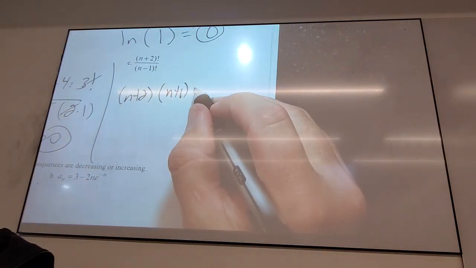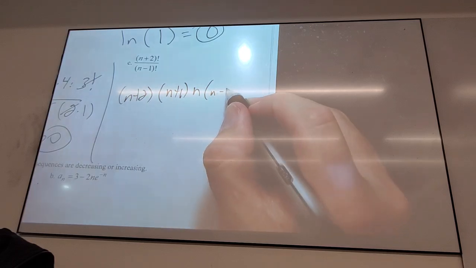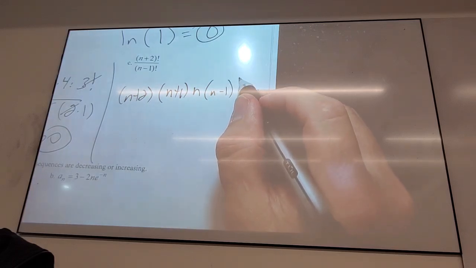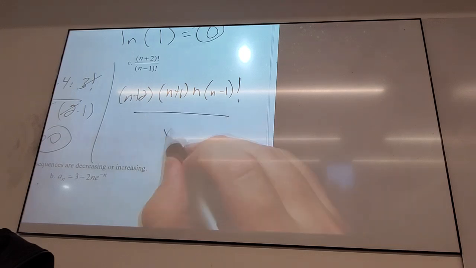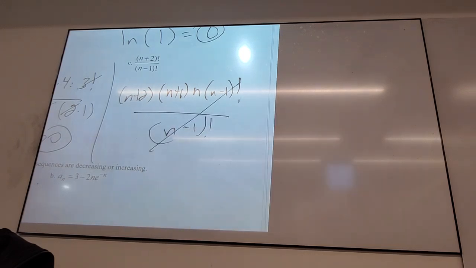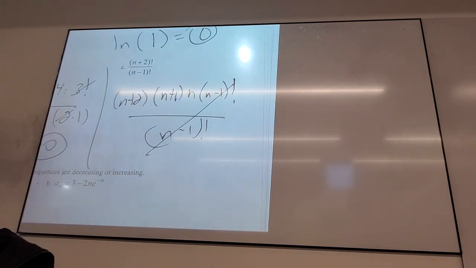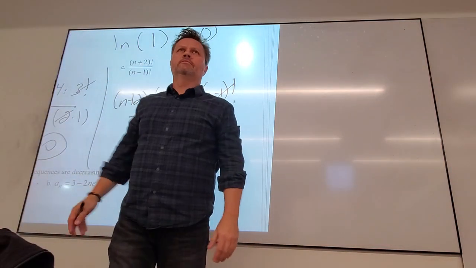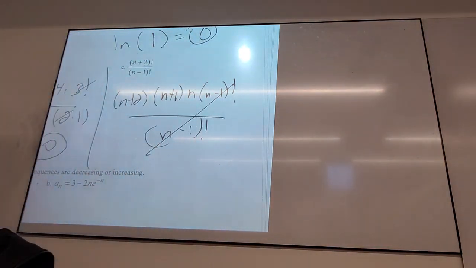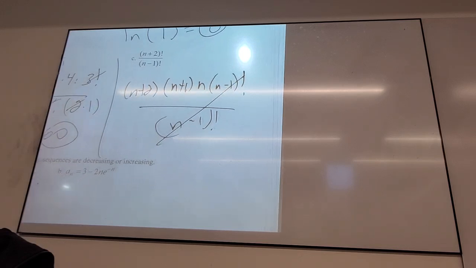What's 1 less than that? n. And 1 less than that? n minus 1. And I have to keep going, but I don't want to. The factorial reminds me that I have to keep going, but the nice thing is, I never do, because they cancel each other. You don't have to multiply that out, by the way. You could if you want to. Is that okay? Cool.